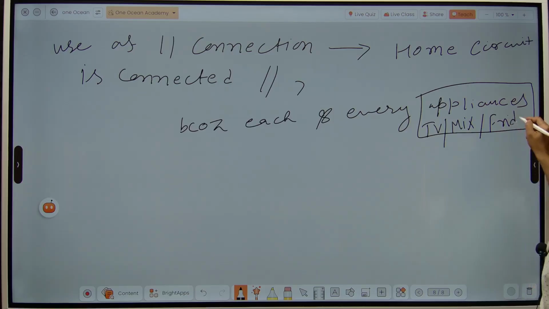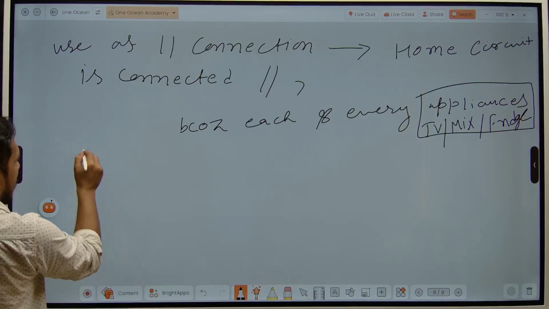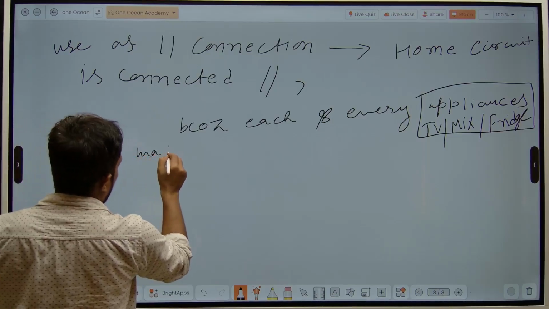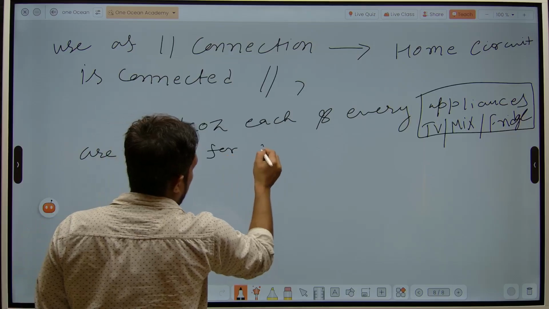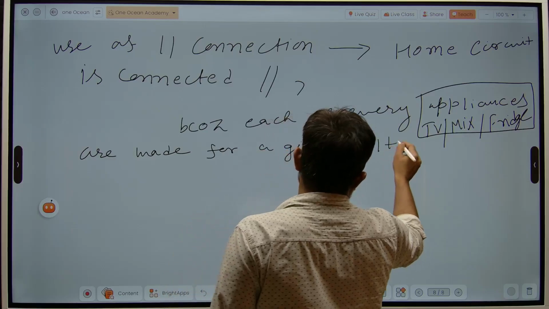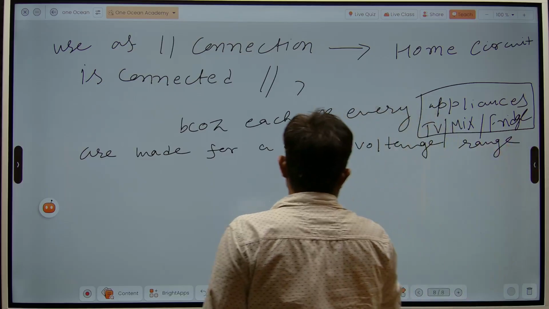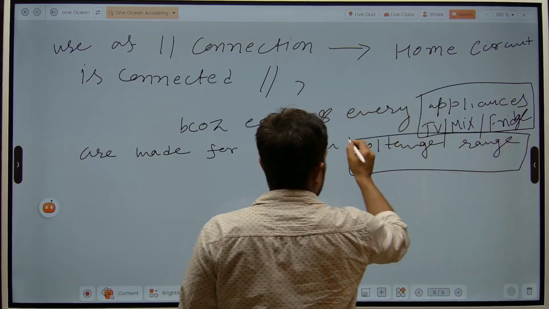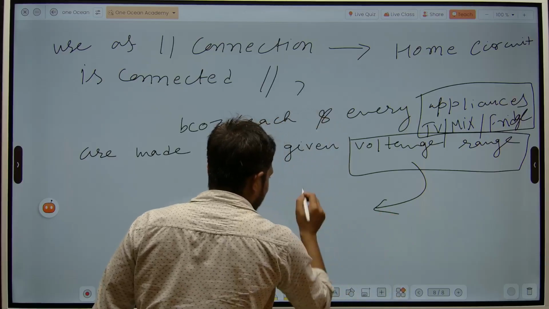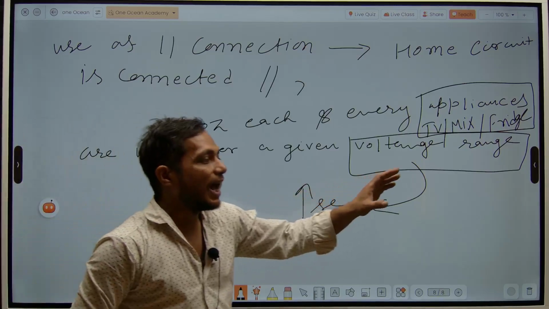So, because each and every appliance is made for a given current range, given voltage range. So, if the voltage fluctuates and increases abruptly, this made what?